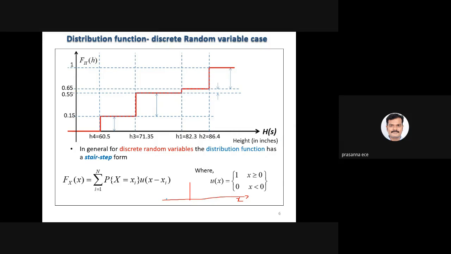You'll get a function which is 0 for all time before 0. When x equal to 0, it starts and becomes like a staircase. When x equal to xi, if we are using this function u of x minus xi, suppose assume that xi is here. So this is our xi.